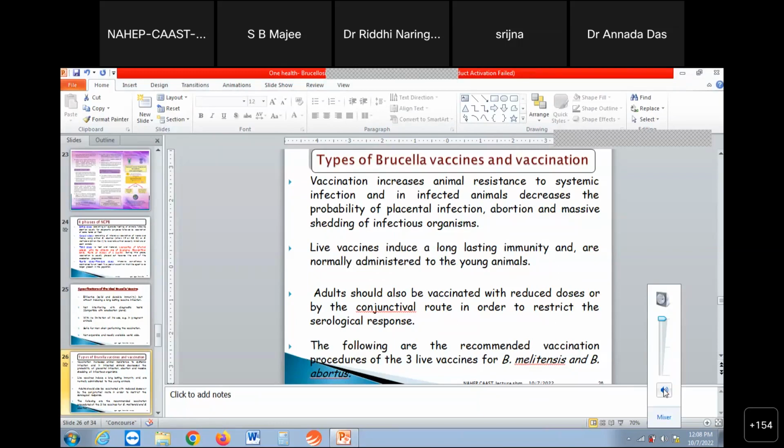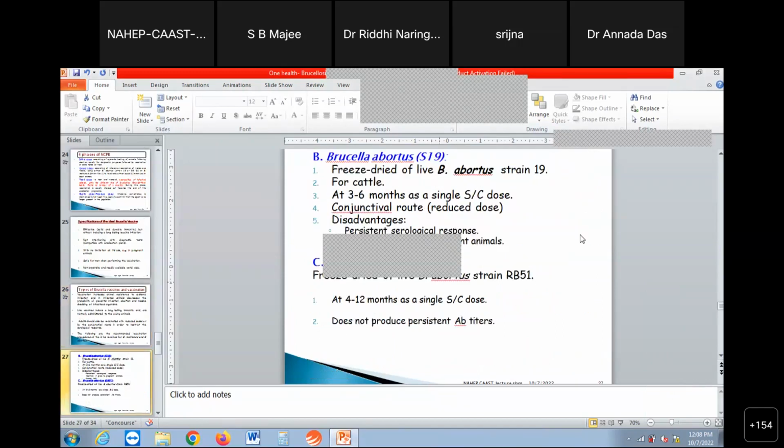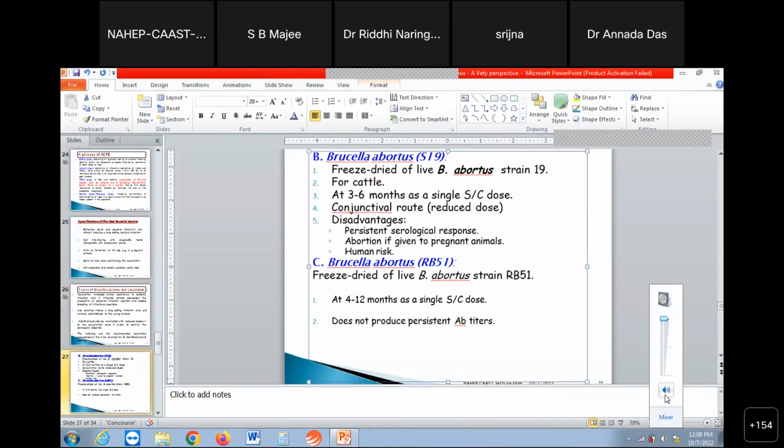The following are the recommended vaccines for Brucella abortus and Rev1, that is Brucella melitensis. S19 is very important: the freeze-dried live abortus strain S19 for cattle at 3 to 6 months of age, and in adults by the conjunctival route at reduced doses.